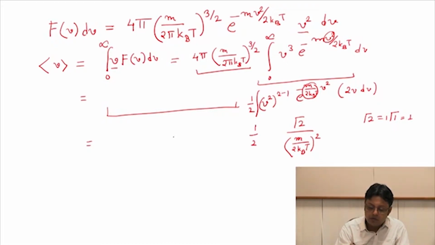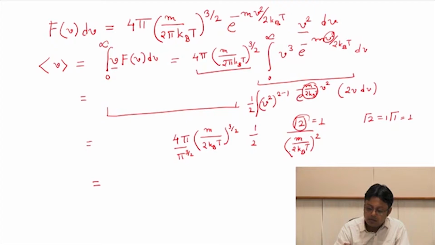So the constant was 4π into m by 2π k_B T. I'm just writing it in a slightly different way, m by twice k_B T to the power 3/2, and then there was a π that I'm taking out, π to the power 3/2. So what we get is this is equal to 1.